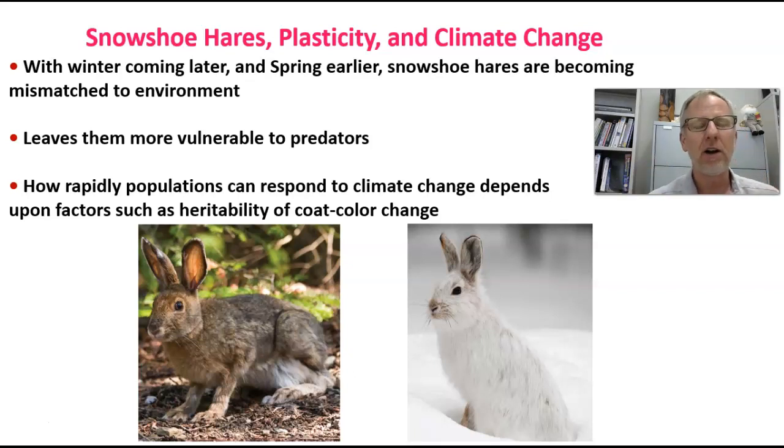So depending on the component of the phenotypic variance in these snowshoe hares that is determined by that genetics by environment interaction, if there is a significant component to that, remember, as long as it's greater than 0 from the last slide, phenotypic plasticity can continue to evolve. And so it remains to be seen for any species out there how they respond to climate change. How they're able to do that might depend on their ability to evolve their phenotypic plasticity.